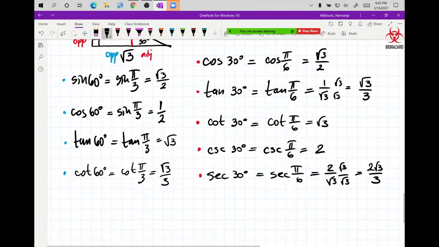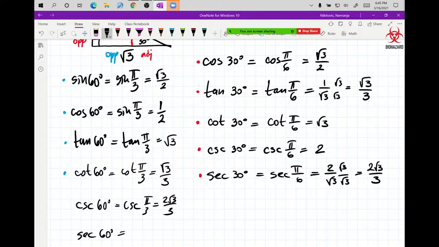And then we have the cosecant of 60 degrees, which is cosecant pi over 3, which is 2 root 3 over 3. And finally, secant of 60 degrees, which is secant of pi over 3, which is the flip of cosine, which is 2.